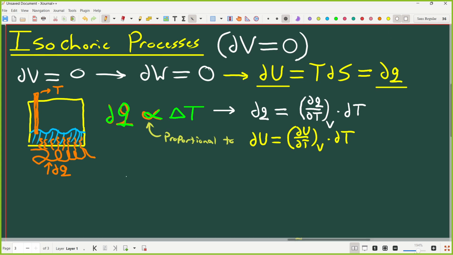All right, so let me write this definition. This derivative, this intensive parameter of the system, the response of the system as a function of temperature, is what's called a heat capacity.